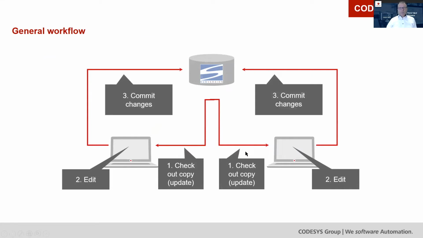And as soon as this is done, for example, on the next day, they start again with an update from the database in order to get all the changes from the other users in their local copy of the project. And so we are playing around, but everything is under control of the Subversion version control system.